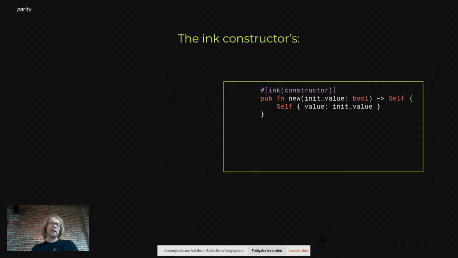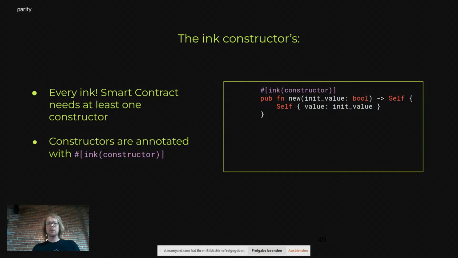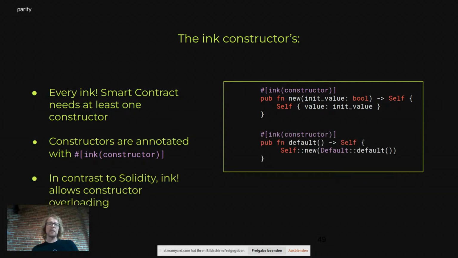And then the next thing is about the constructor of the smart contract. Every Ink smart contract needs to have at least one constructor. Constructors are always annotated with ink constructor. And there's one thing where Ink differs from Solidity. In Ink, we are able to allow for constructor overloading, which we do here in this case.